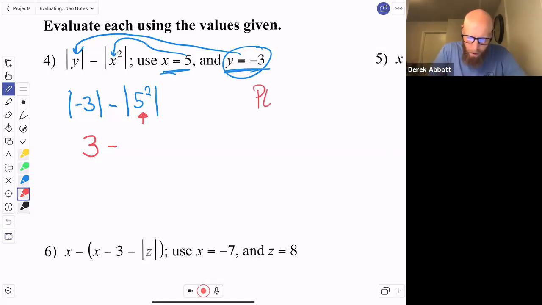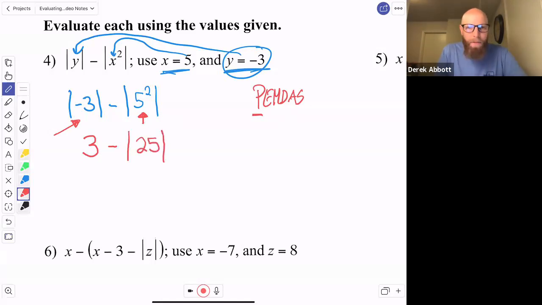So in the world of PEMDAS, the P, parenthesis, absolute value treats it. So that's why we evaluated that one, because it was what's inside the parenthesis. Now notice this has more stuff to do inside the parenthesis. So let's do it. I'm going to keep the parenthesis there for a moment. -5 squared is 25.